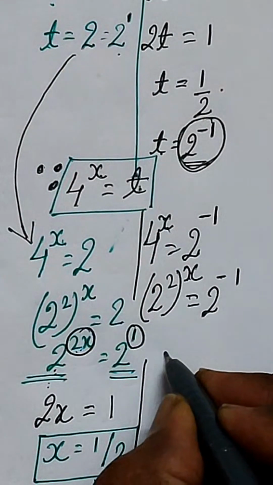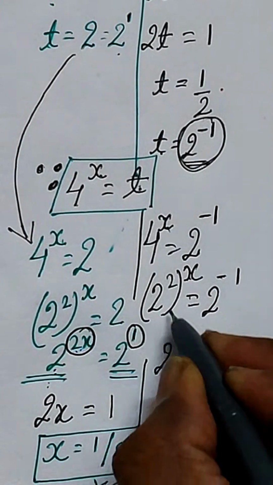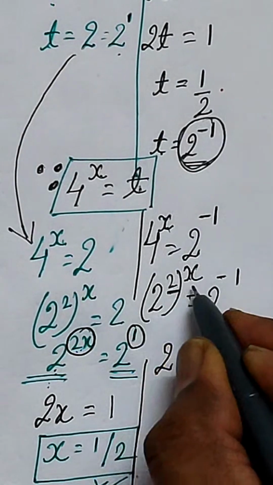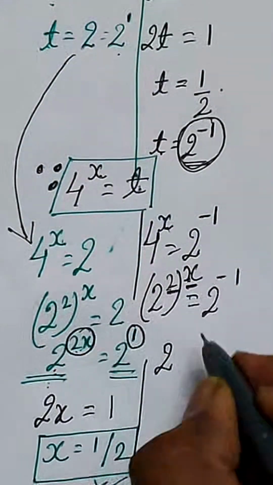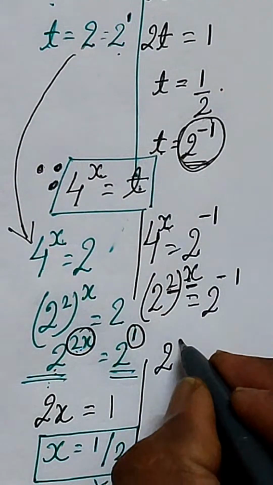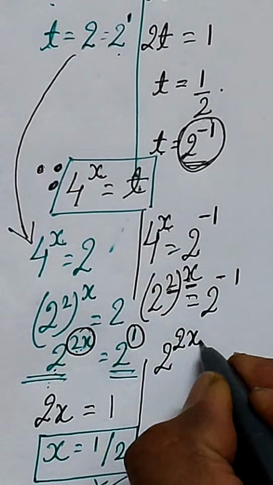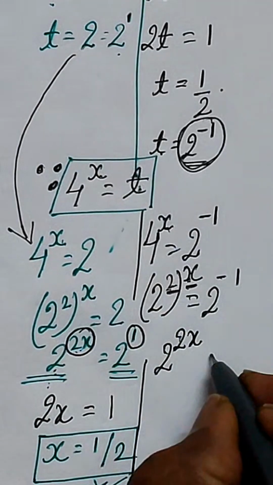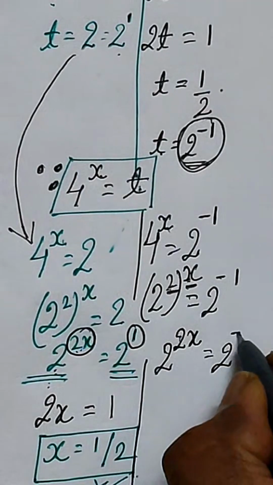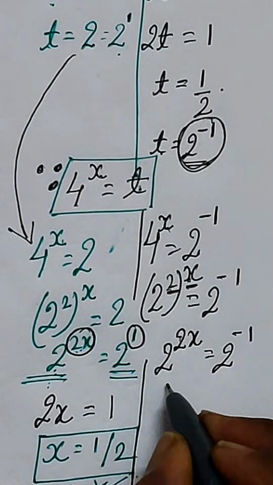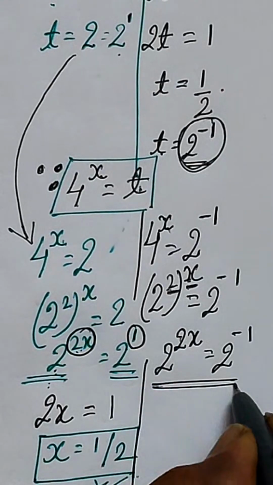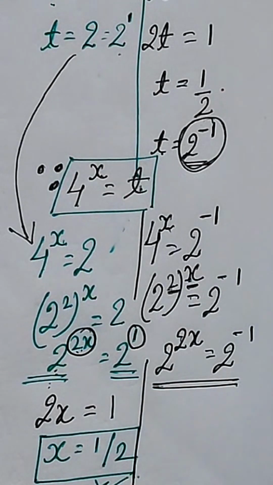This is also an exponent, this is also an exponent, then both of these will be multiplied. Then we can write 4 power x as 2 power 2x, right? And this is equal to 2 power minus 1. We know when the bases are same, exponents can be equated.